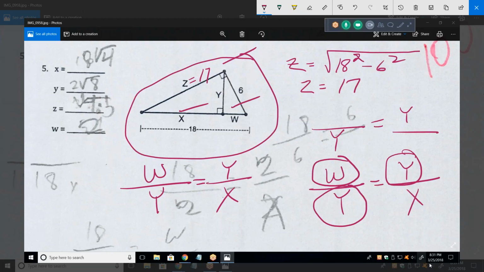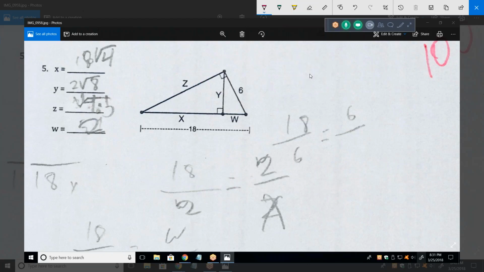Aha. There's a lot of variations of this. The variations of the geometric mean are: x plus w divided by the geometric mean, which is always y, the vertical, equals the vertical divided by w.